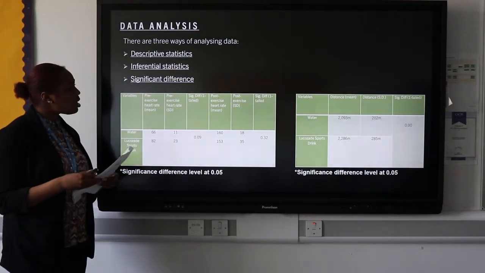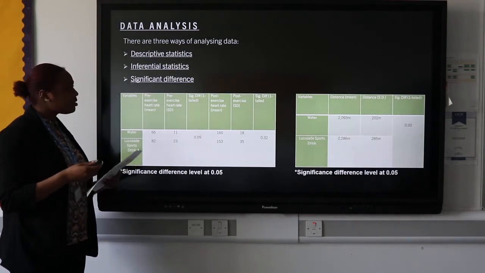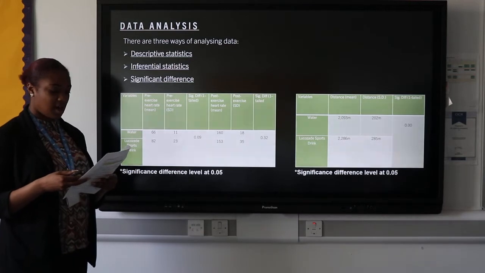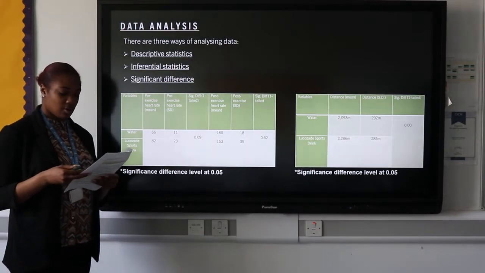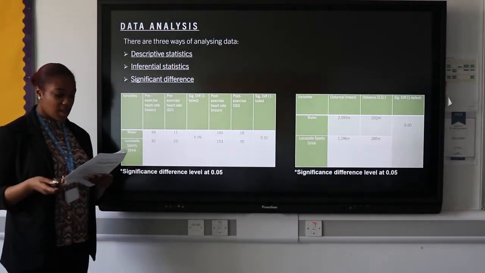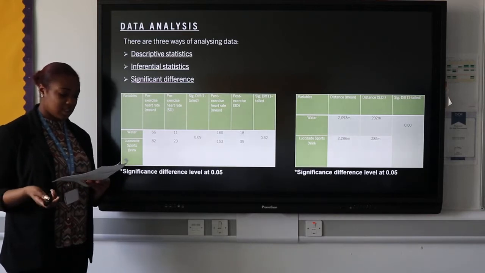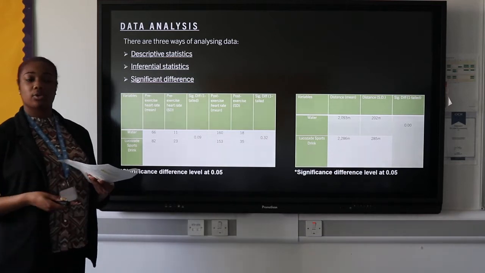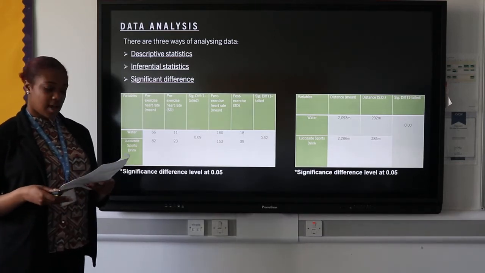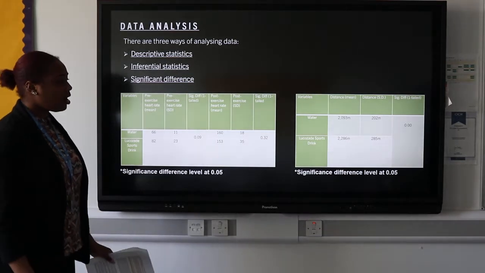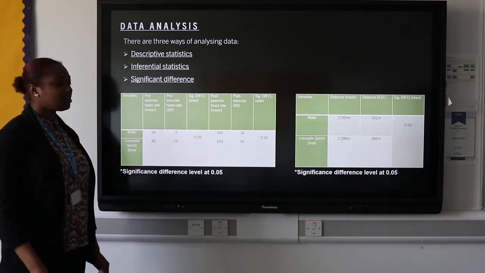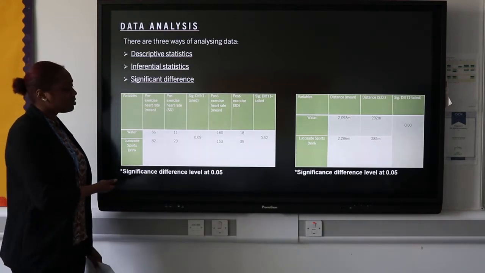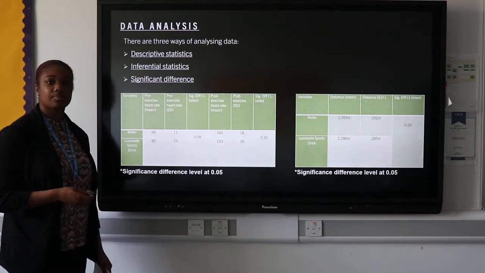This includes the mean and the standard deviation of the variables. This will allow me to easily compare the results from the different conditions, which are the heart rate and the distance covered. I'll give you a quick second to have a look at what the results show.